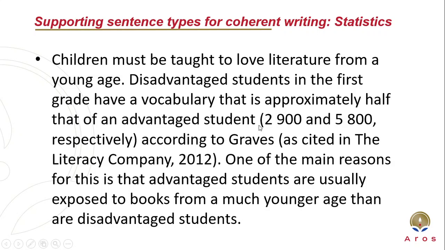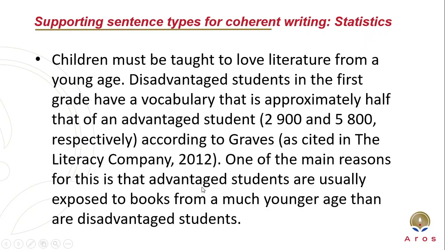Statistics is another form of supporting sentence types that you can use. Children must be taught to love literature from a young age. There's your topic sentence again. Disadvantaged students in the first grade have a vocabulary that is approximately half that of an advantaged student, 2,900 and 5,800 words respectively, according to Graves. So they've got a combination there of quotations.